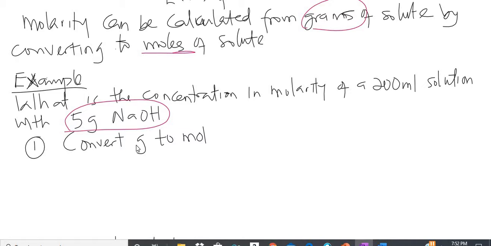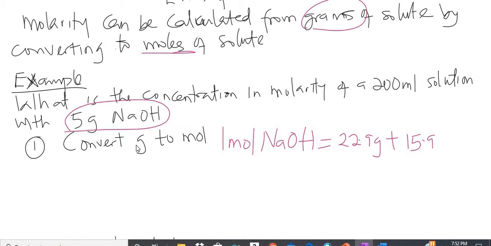So we're going to say that 1 mole of sodium hydroxide, from the periodic table, we have 22.99 grams plus 15.99 grams of oxygen plus 1.008 grams of hydrogen.